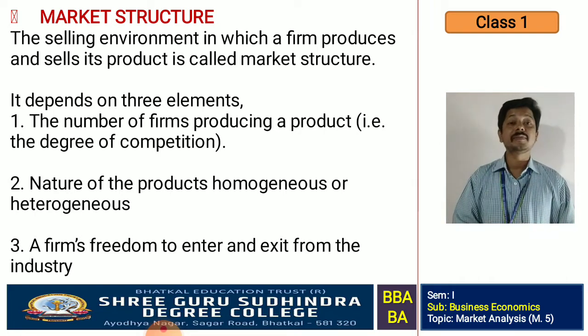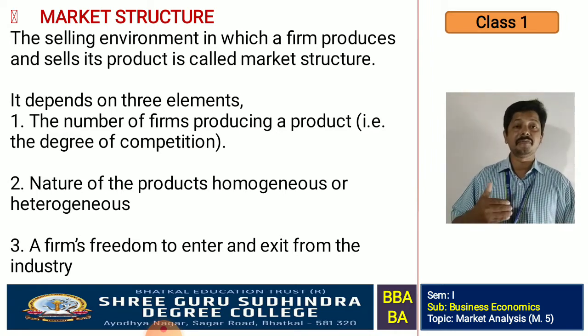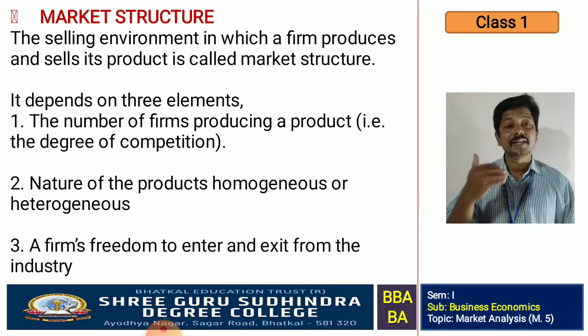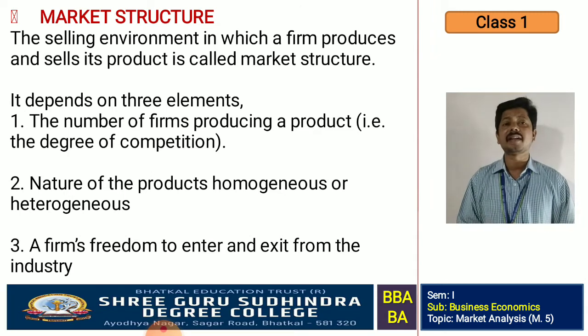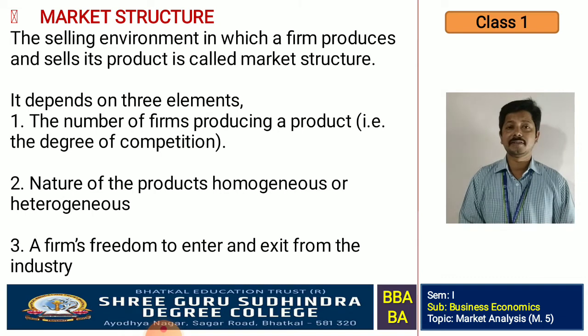Then a firm's freedom to enter and exit from the industry, that means the market. Where there is freedom for entry and exit, that is a completely competitive market. When they can enter, there is a scope for profit. When they exit, there is no scope for profit, correct?